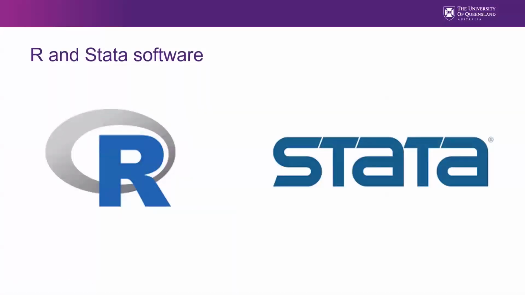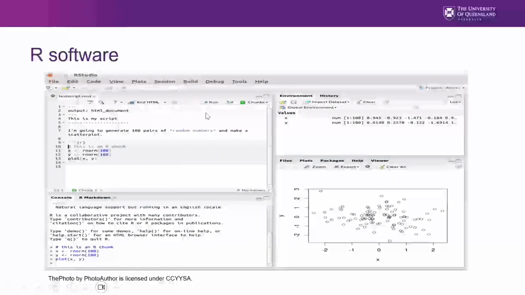Okay, so as I said, the main tools we use throughout the course are R and Stata software. And here's a little bit of a preview of what that might look like. So in R software, how these programs work is we write scripts which do the analysis, which allow us to do repeatable and reproducible research.